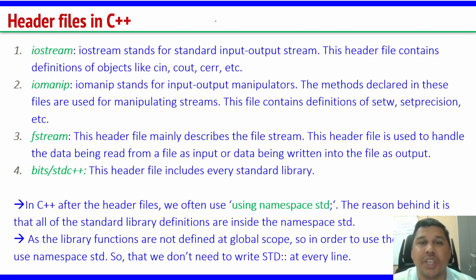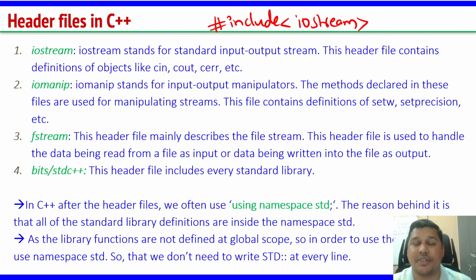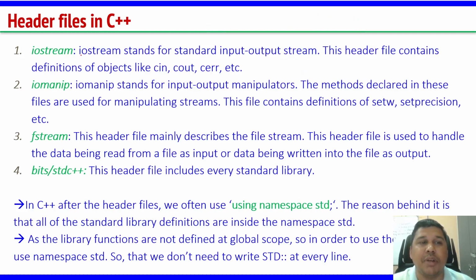We will write #include <iostream>, just iostream like this. Dot h is not required here. What is iostream? It stands for standard input output stream. This is used for functions like cin and cout. These two are the input and output statements. We'll see how to do that.